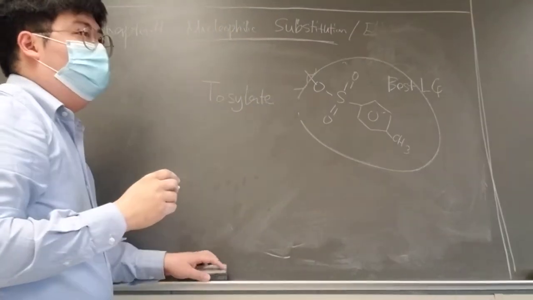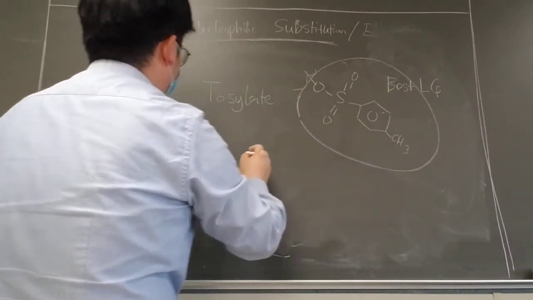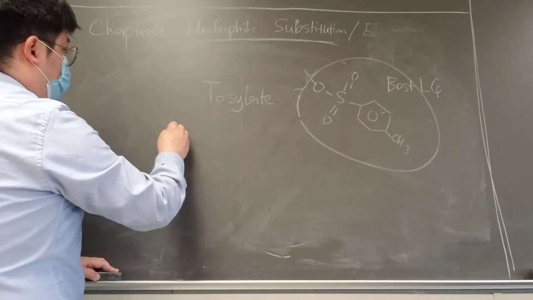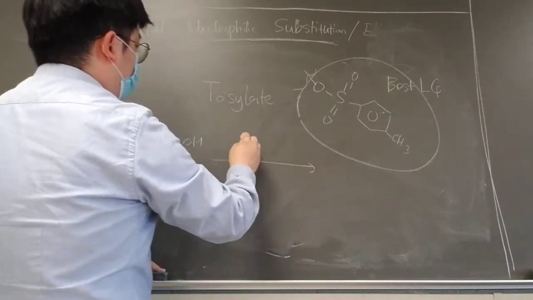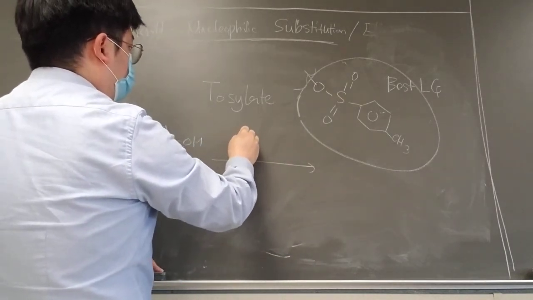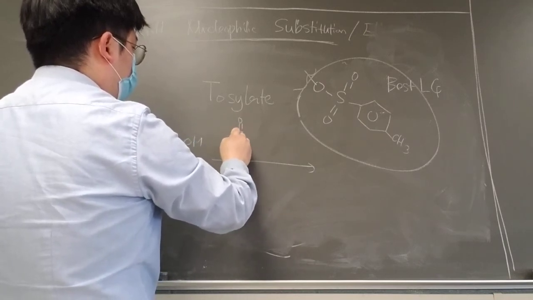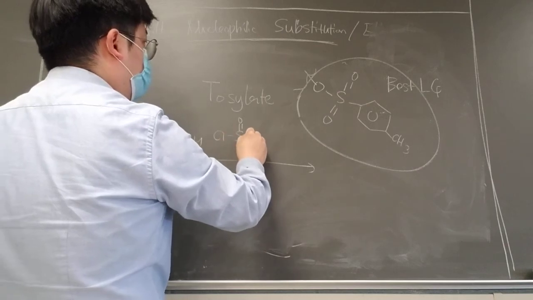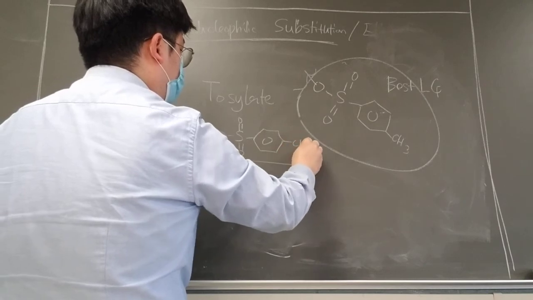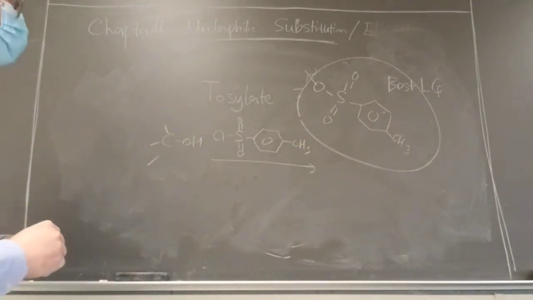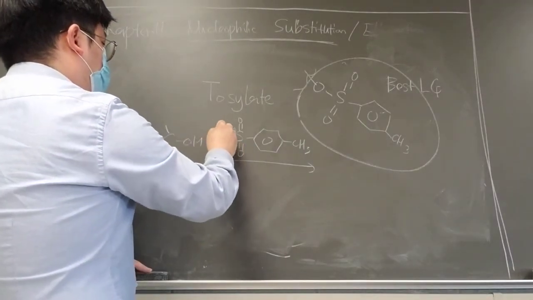What they do sometimes is try to make this leaving group by treating the alcohol with this one. And then you can try to replace this one by this one.